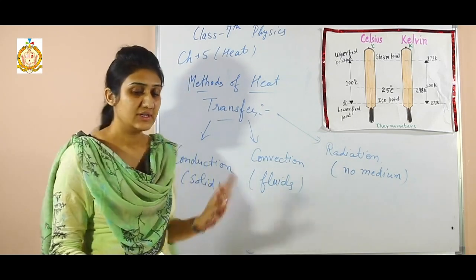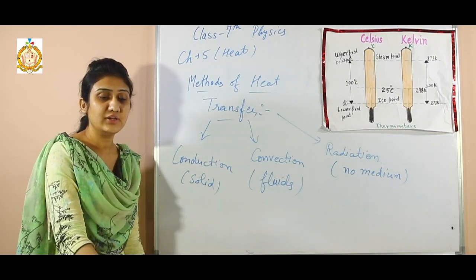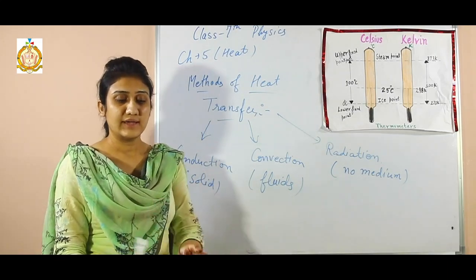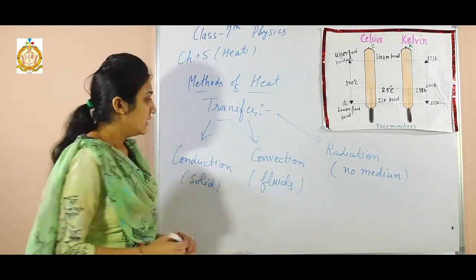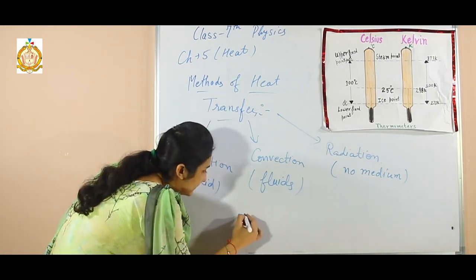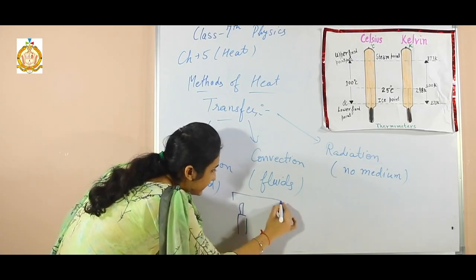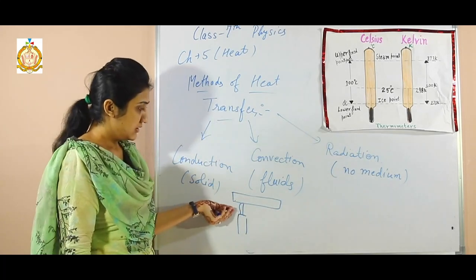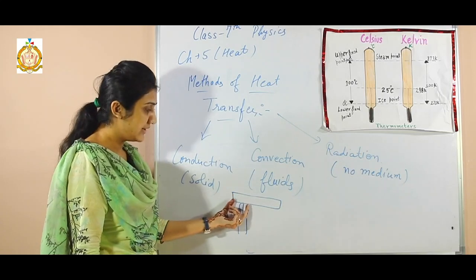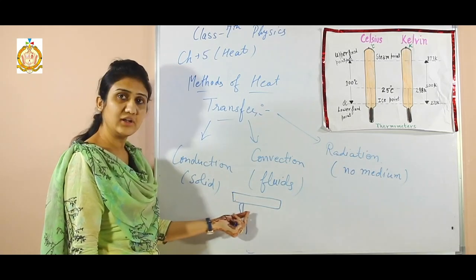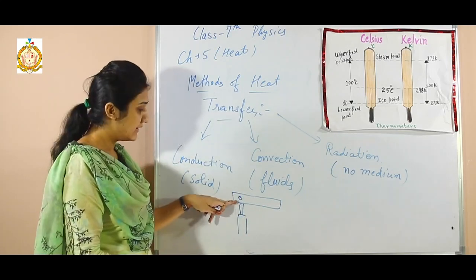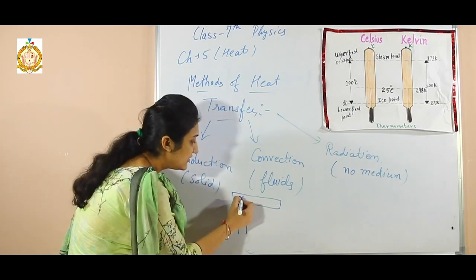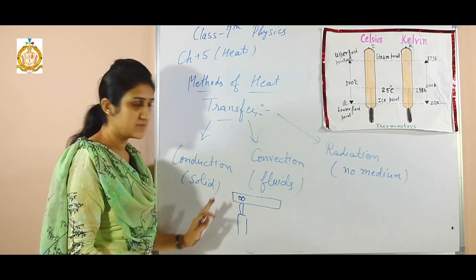Conduction is the process of transfer of heat from one end to the other end of the object such that heat flows from particle to particle. If there is a candle and there is an iron rod, and it heats up this part of the iron rod, then some heat will be attained by this particle, and it will transfer the other heat to the next particle.